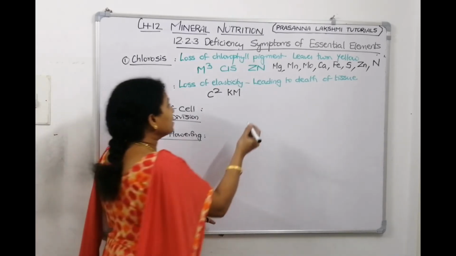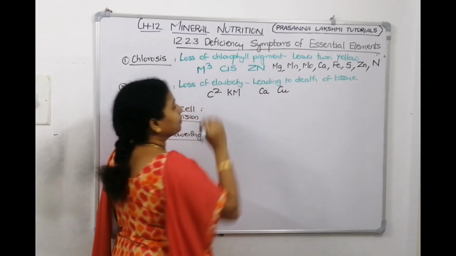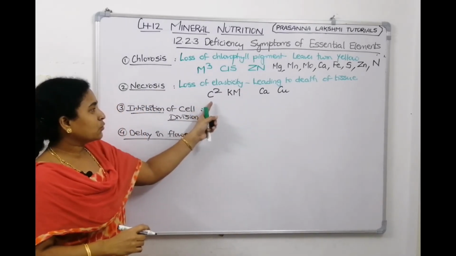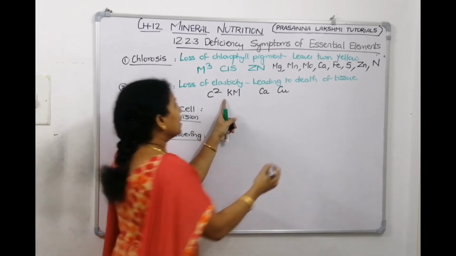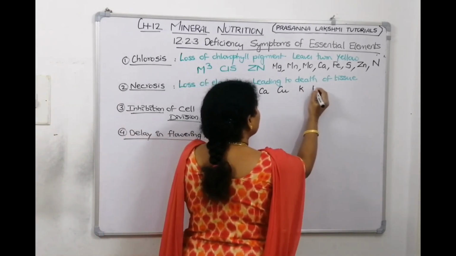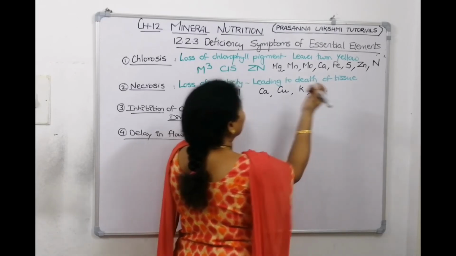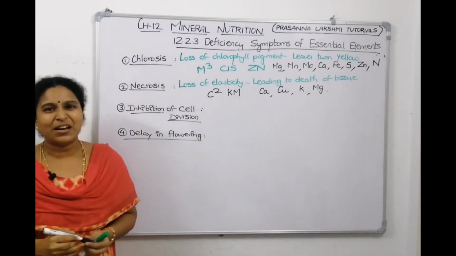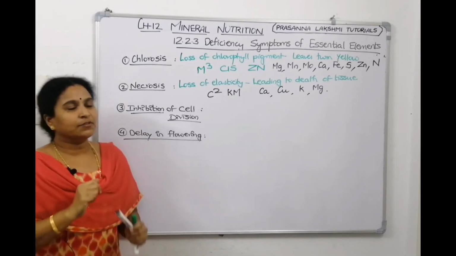One C is calcium and the other C is copper, so C square. K for potassium, Mg for magnesium. Calcium, copper, potassium, magnesium deficiency will cause the death of the tissue.